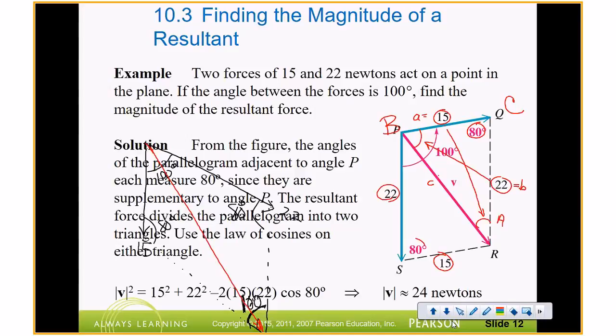You have A, B, and that's why you can't use the law of sines. You can't use the law of sines because you don't have C, and you don't have an angle for A or B. So you're going to have to use the law of cosines. And that's why the cosine of 80 is right here. And they're saying right here, okay, this is C, because A and B are already given.